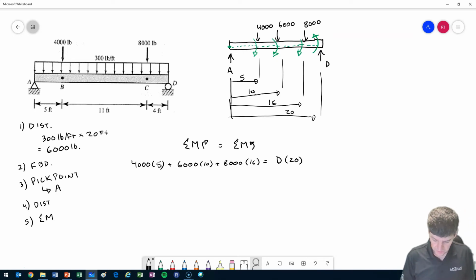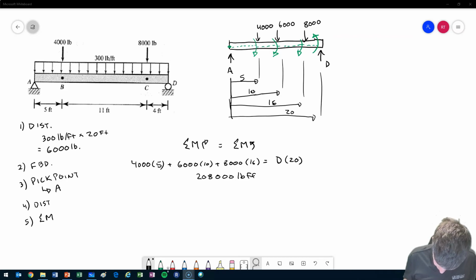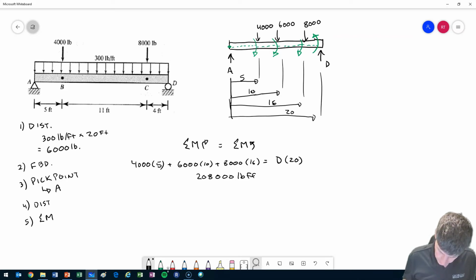So 4,000 times 5 is 20,000, plus 6,000 times 10 is 60,000, plus 8,000 times 16 gives me a grand total of 208,000 pound-feet is equal to D at 20 feet.